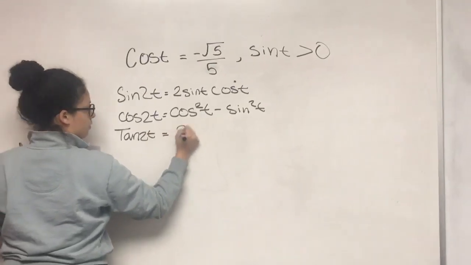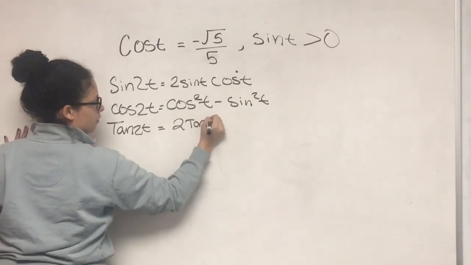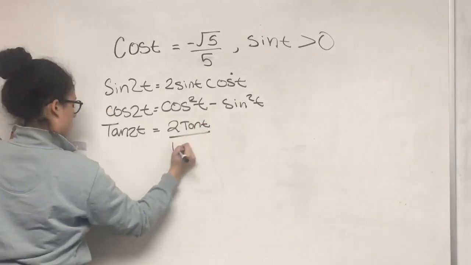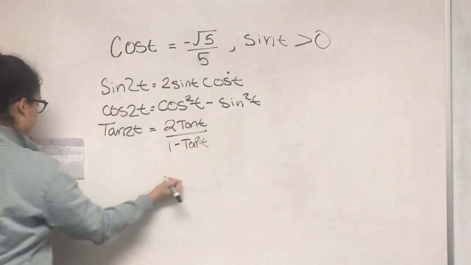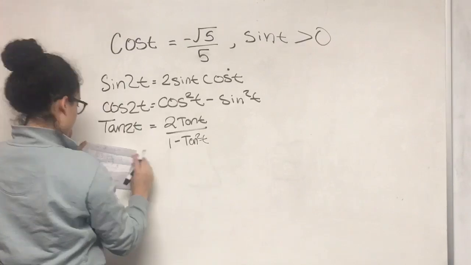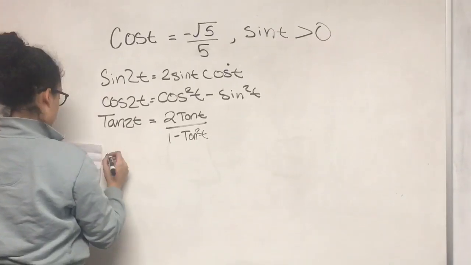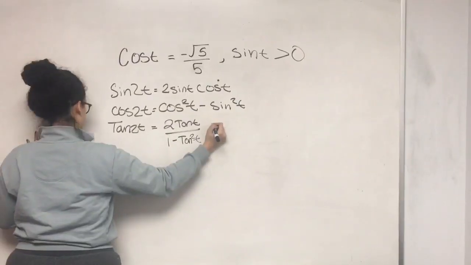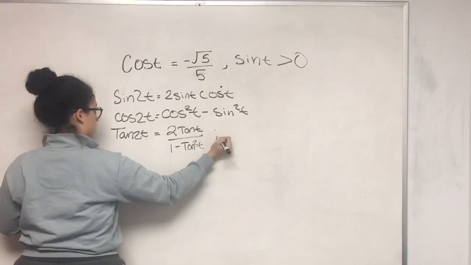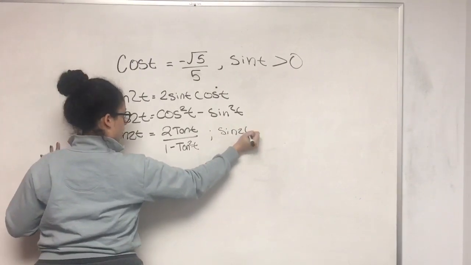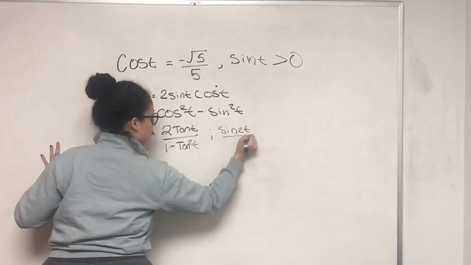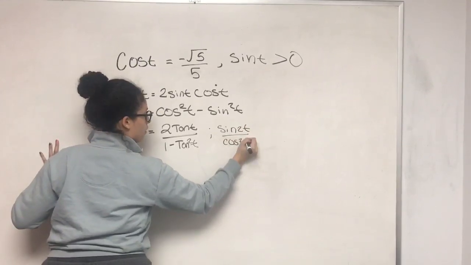And tan 2t equals 2 tan t over 1 minus tan squared t, or it could be written sine 2t over cosine 2t.